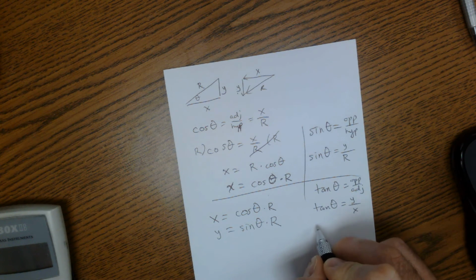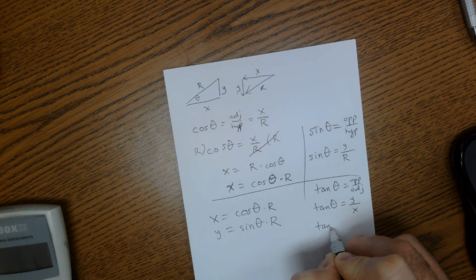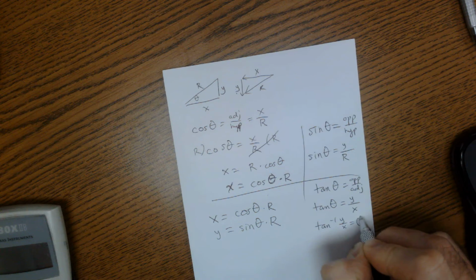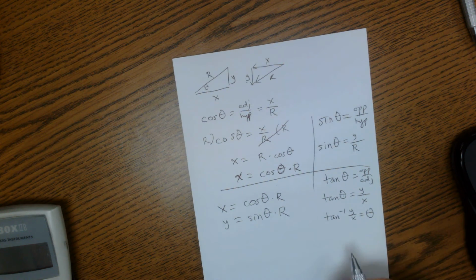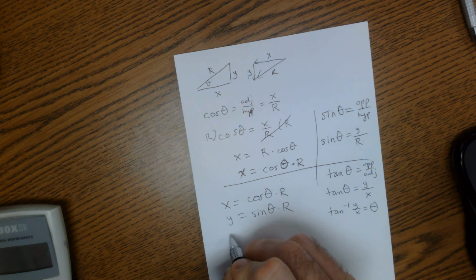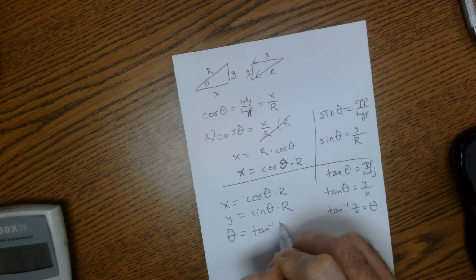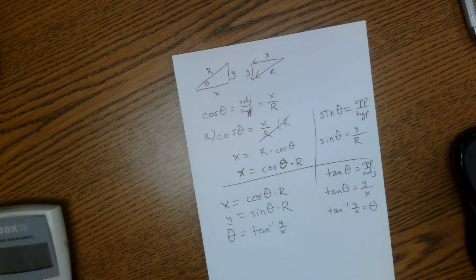So what we'll really have is the inverse tangent of y over x equals theta. That's what I'm actually going to be doing: theta equals the inverse tangent of y over x.